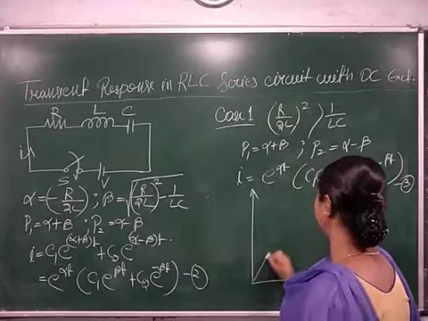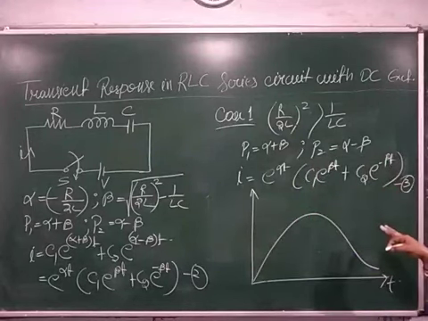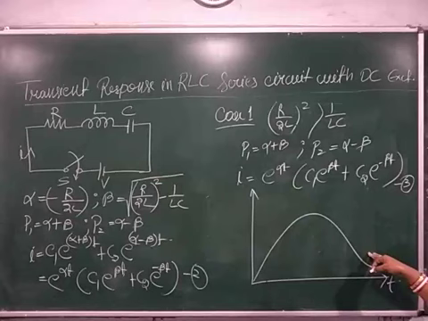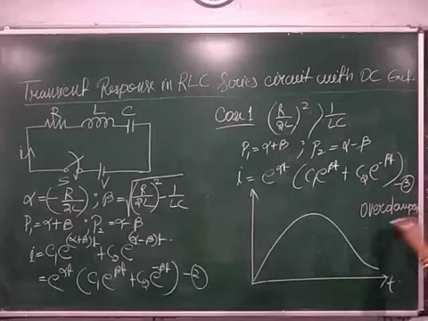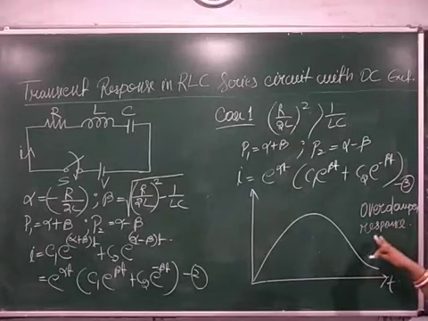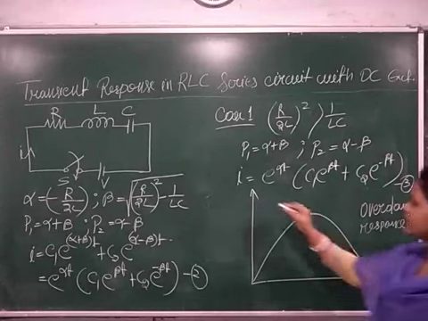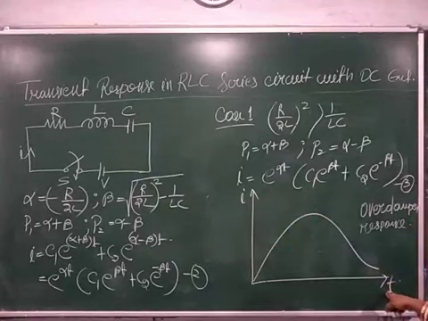So the transient response of the current has a nature of the curve like this, and the transient response or time response that you get in case 1 is called the overdamped response. Here, in the y-axis you take current, and in the x-axis you take time.